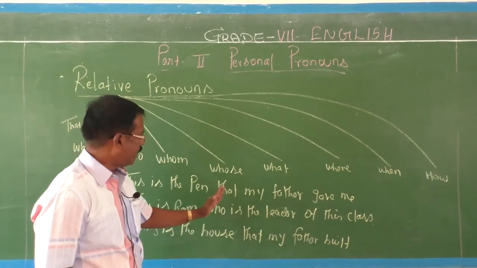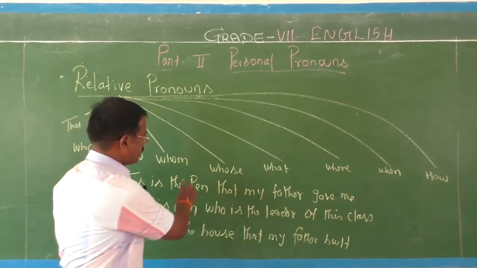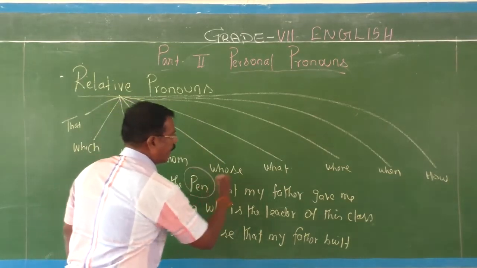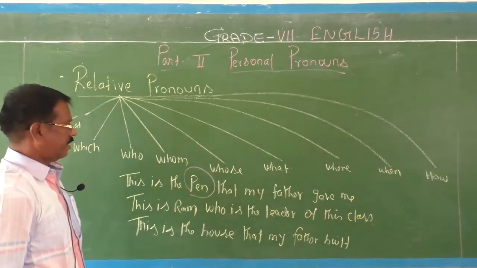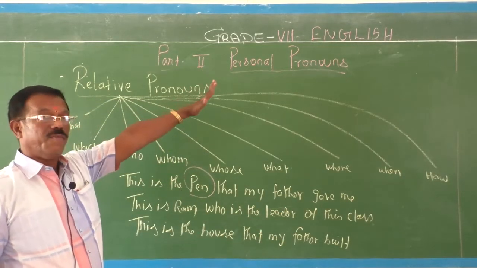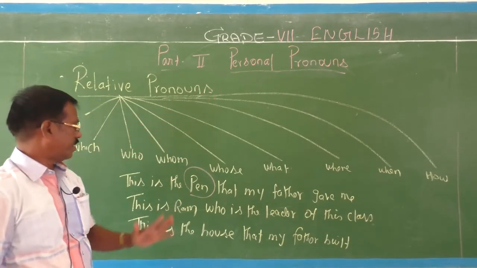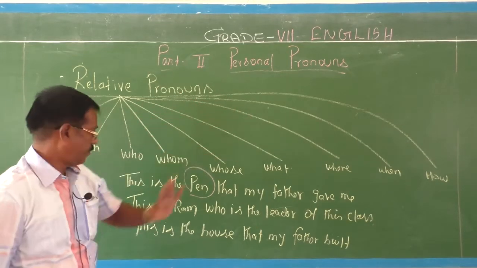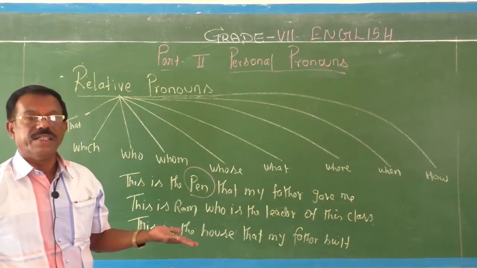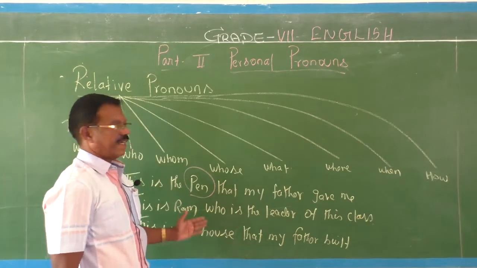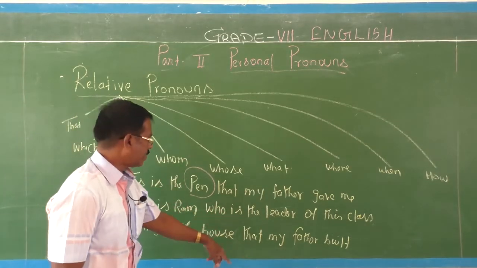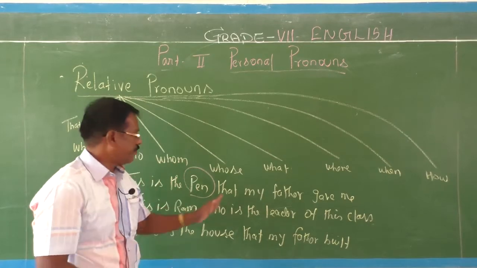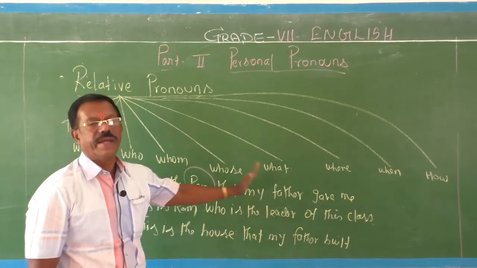So the relative pronoun connects the antecedent with the remaining part of the sentence: the pen, my father gave me; Ram, the leader of this class; the house, my father built. Could you follow me, children? In all these sentences, that and who connect each antecedent with the remaining part of the sentence.